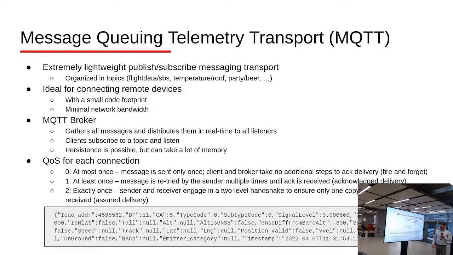The way MQTT works, if we take the example here: someone says, I'm the broker, and someone says, here is beer, and I shout out to everyone that is registered, here is beer, so to the other 5 guys. And if someone raises a hand and says, George wants beer, I shout out, George wants beer, to everyone.